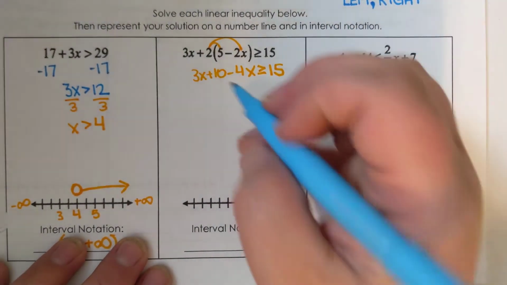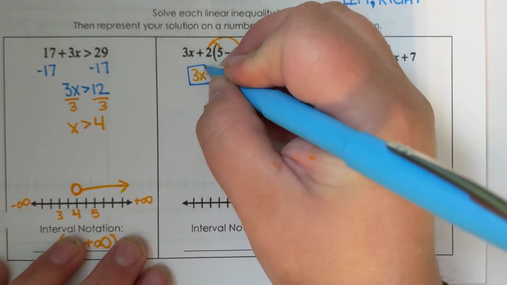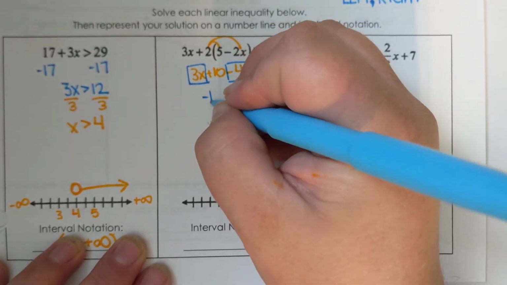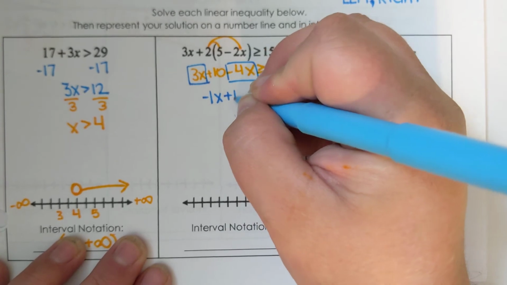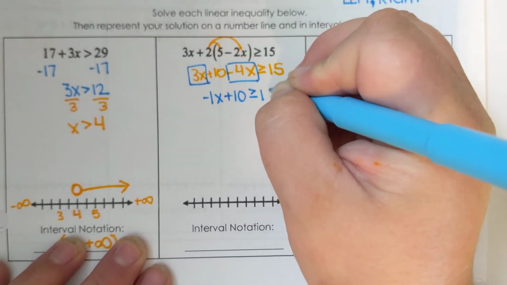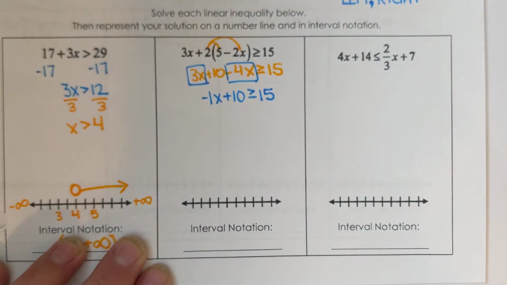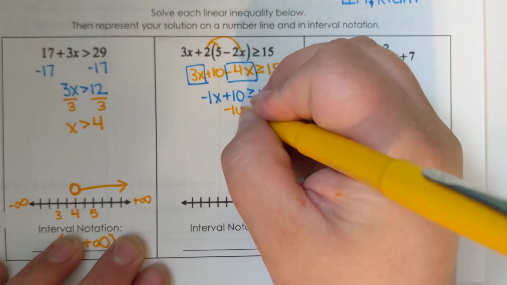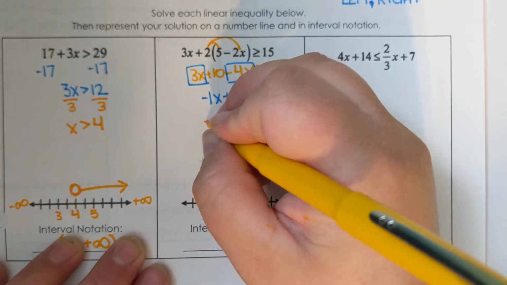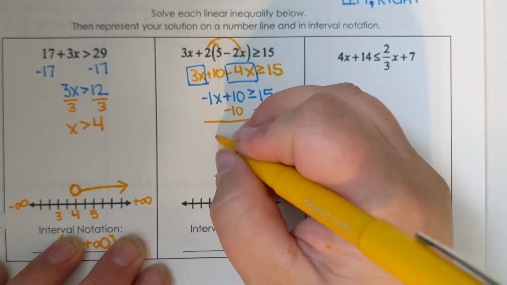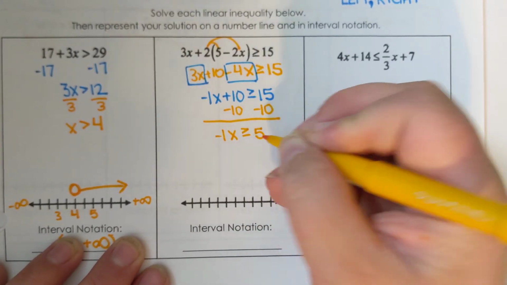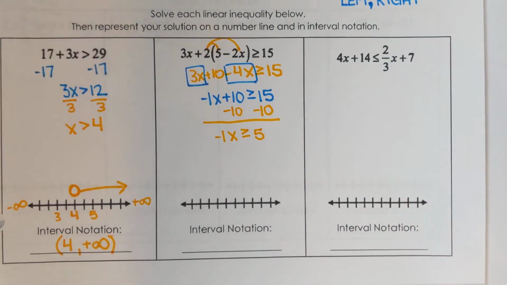Then, I need to add together my x's. 3x minus 4x is negative 1x. Then I'm going to subtract the 10, just like I would if it was an equation. Nothing is changing about my symbol yet. 15 minus 10 is 5.